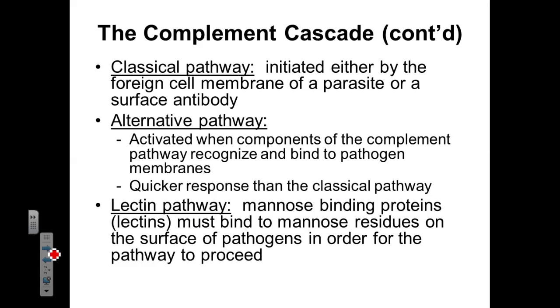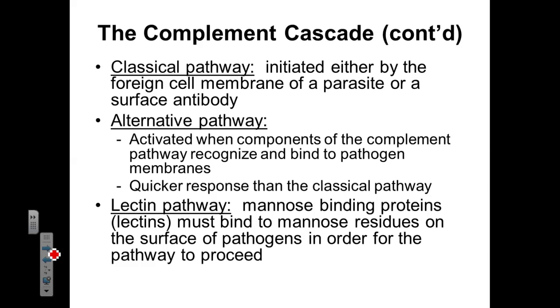So we have three different ways to activate our complement cascade. We have the classical pathway, which is going to involve a foreign cell membrane of a parasite or surface antibody being bound by C1. We have an alternative pathway when the components of our complement pathway can bind to specific pathogen membranes. This alternative pathway is quicker than our classical pathway. And then finally, we have the lectin-based pathway.